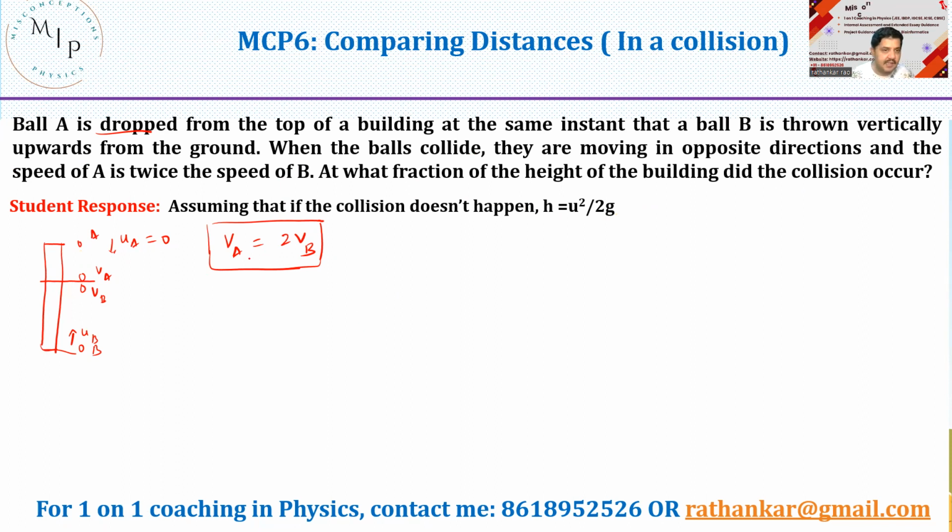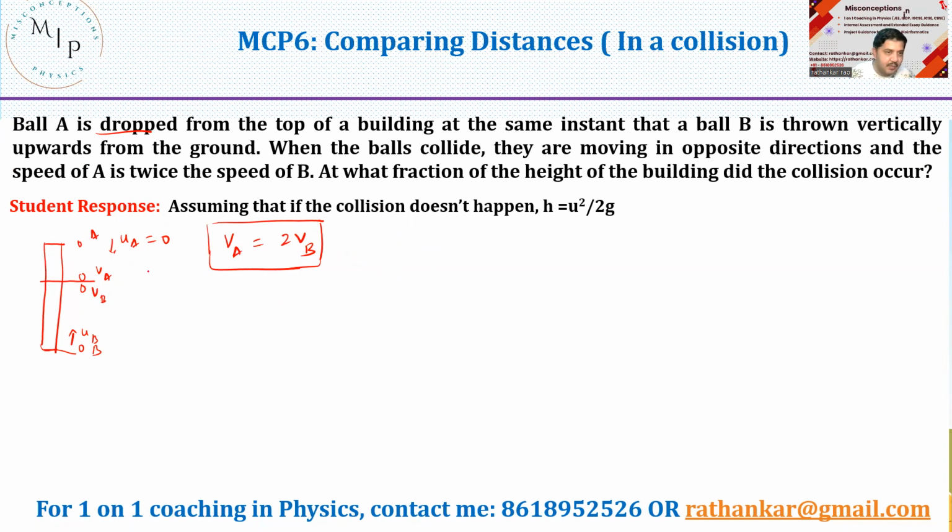Now we need to look at the student's response. First, he considered that if I throw a ball from here with a velocity UB, I need to work it out, otherwise I will not be able to know where he made a mistake.